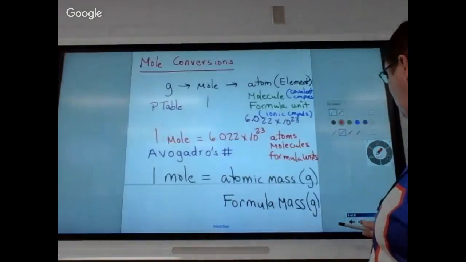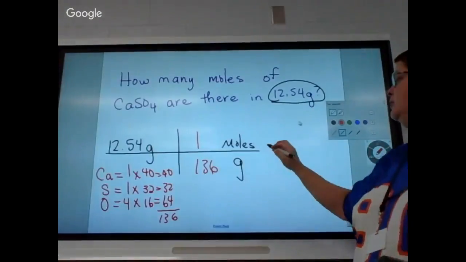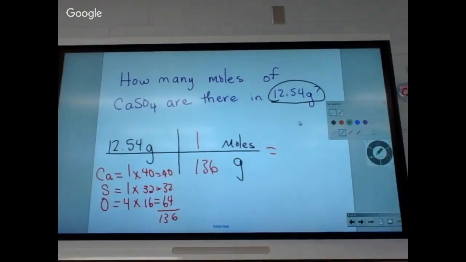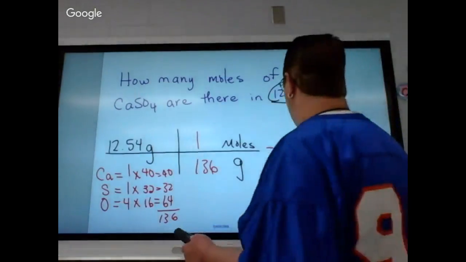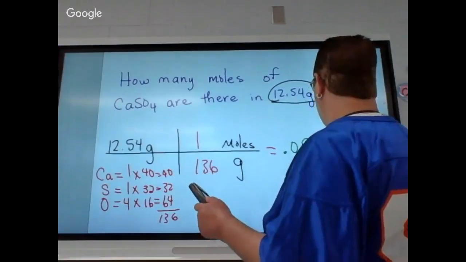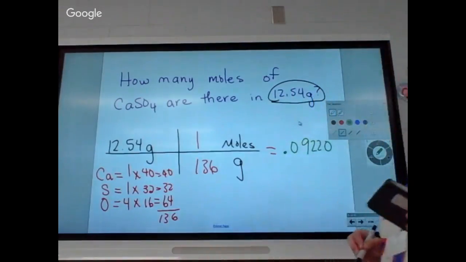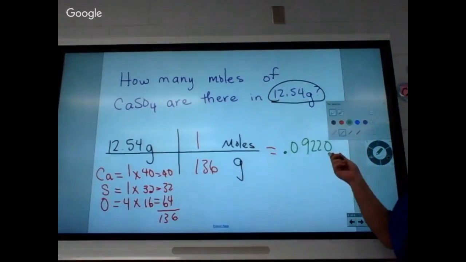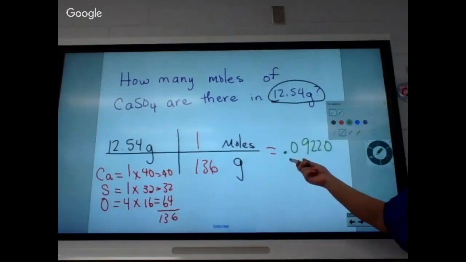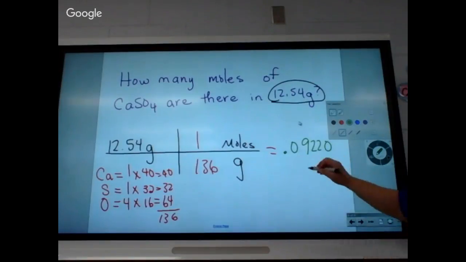But here, I gave you a number in the question, so you have to have the right number of significant digits. So how many numbers do we need in our answer? 4. So I have all these numbers on my calculator with a leading 0 of 922, and then I have a 0. Is that 0 significant? Yes, so I can keep it. But this one is a leading zero, so it doesn't count. And my unit is moles. Questions about how I did that?